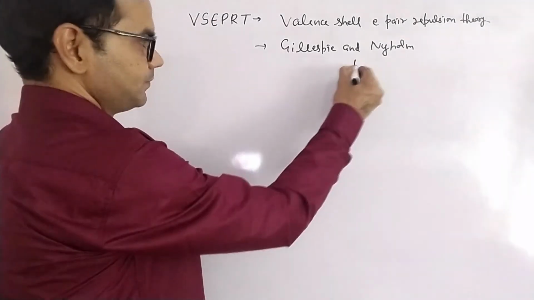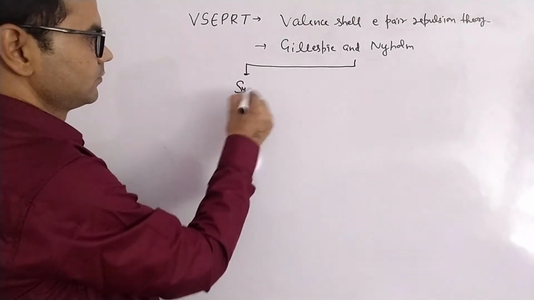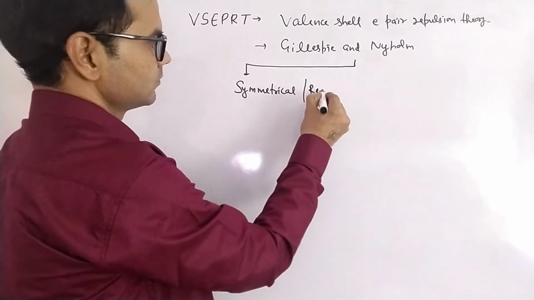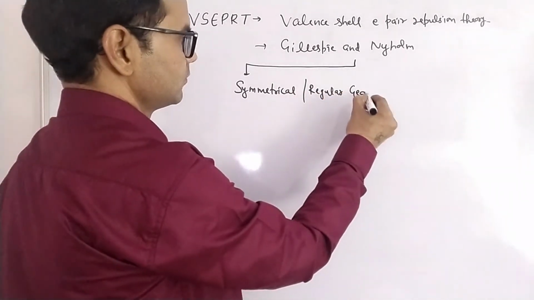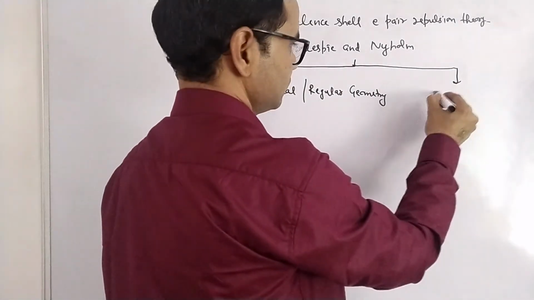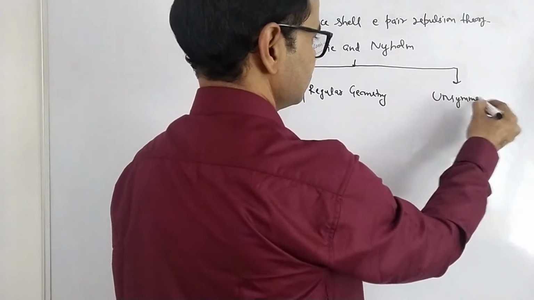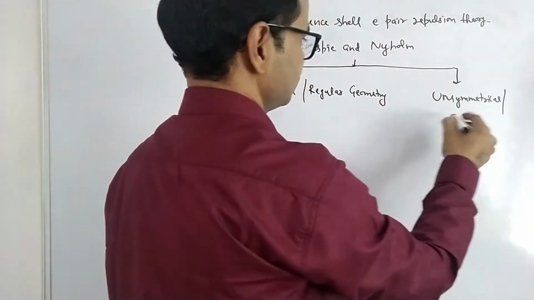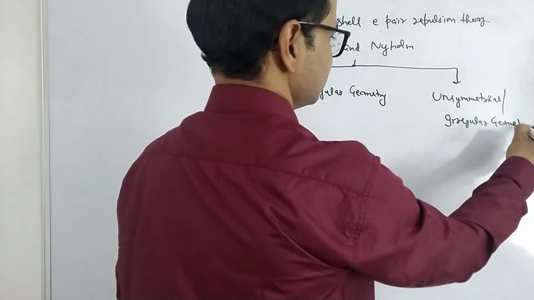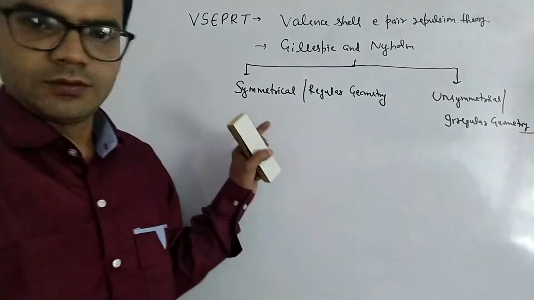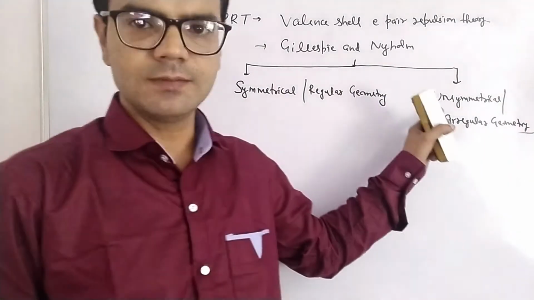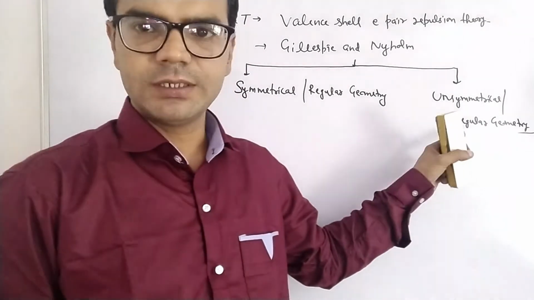So first is symmetrical or regular geometry. Second is unsymmetrical or irregular geometry.